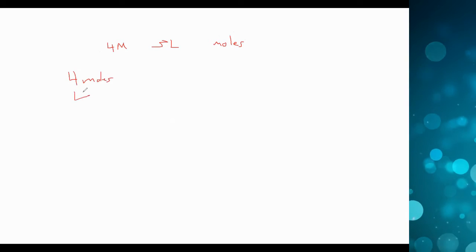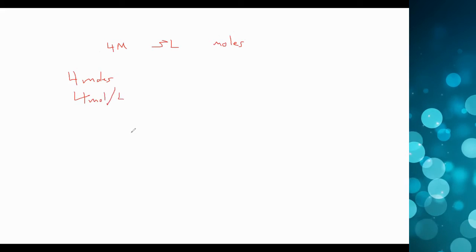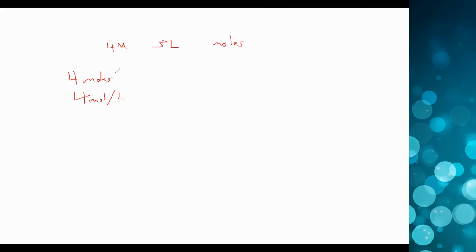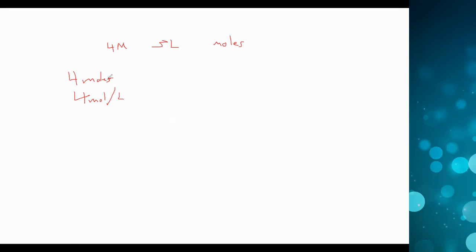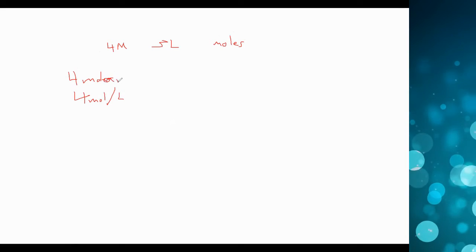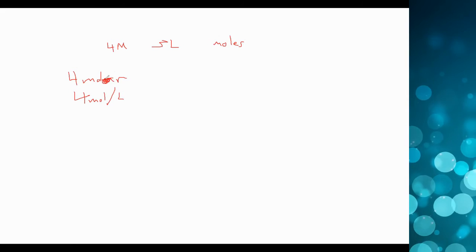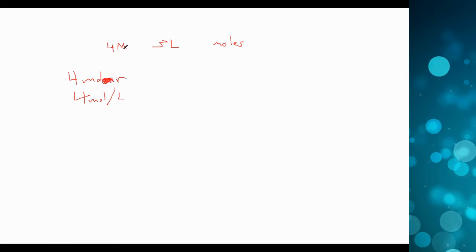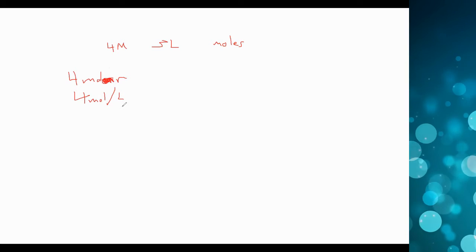Either one of those units, or sorry, not 4 moles. I am really confusing you. 4 molar. Okay, so I really messed that one up. So 4 capital M is 4 molar or 4 moles per liter.